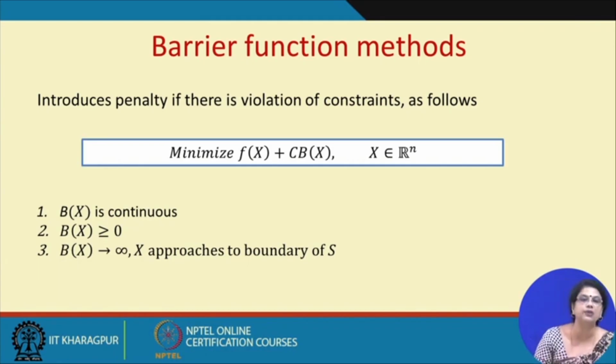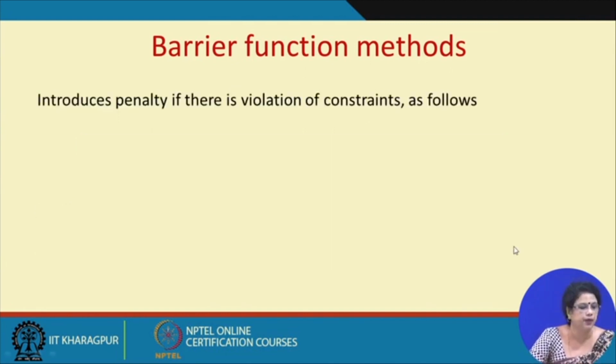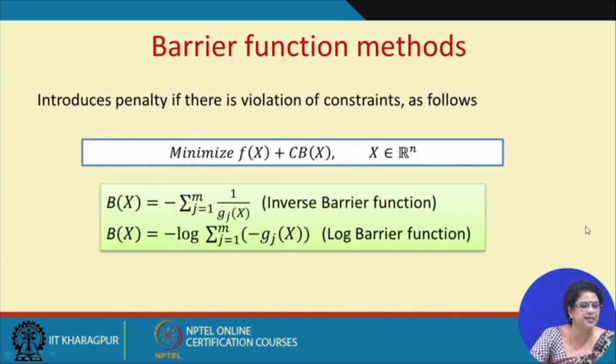Alright, but there is a trend of B(x) as well, just like your P(x) as you have seen. B(x) is something that is measured as a penalty because of violation of the constraint.